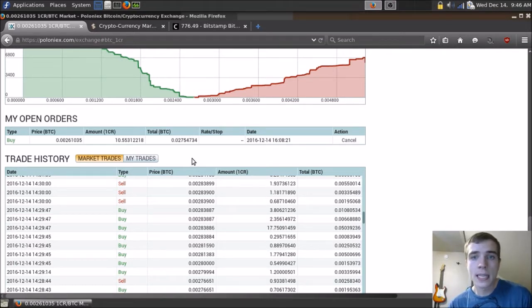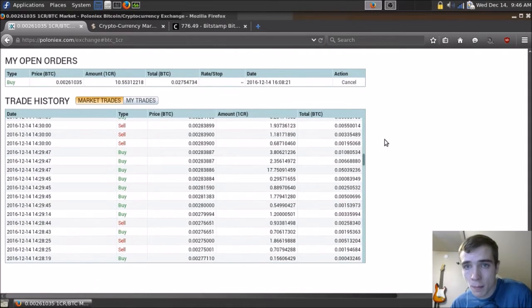So until I cancel it with this button right here on the right, which I don't plan on doing because I want to see if somebody buys or sells it at that low enough of a price that I can buy it, then my Bitcoin is held in that order until it's filled or I close it.